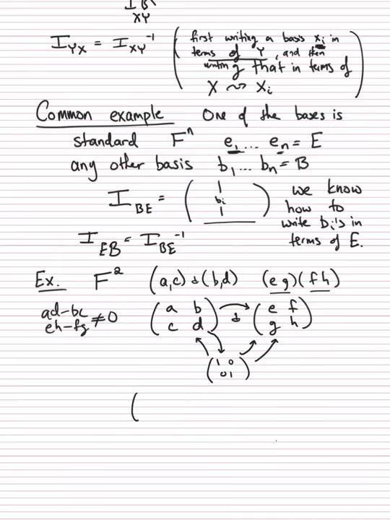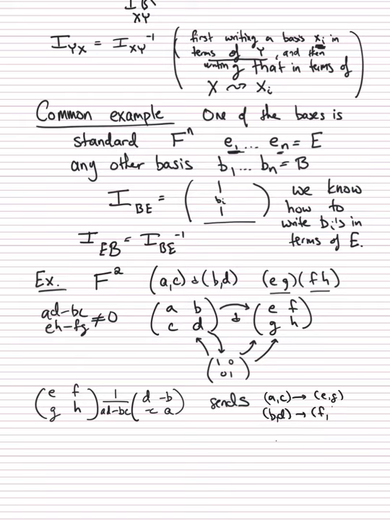So if I plug in D, A, minus B, minus C, all divided by AD minus BC, so we got that for the general inverse, times E, F, G, H. Okay, so this sends AC goes to EG and BD goes to FH.